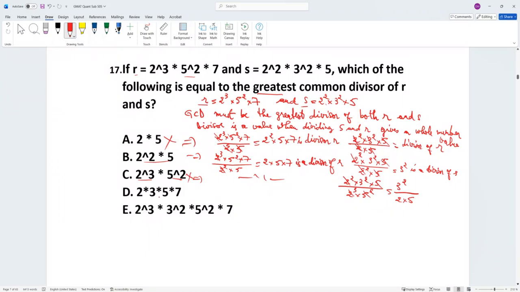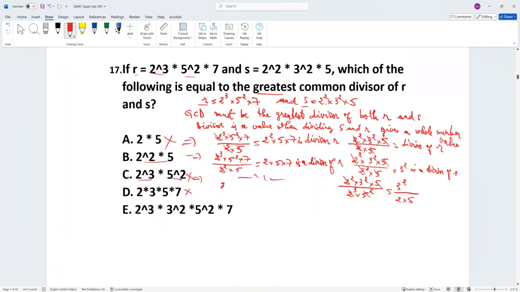This one here is not a divisor of R, okay? Since it's not a divisor of R, we can't continue, because we want something that is a divisor of both R and S. Why do I say it's not a divisor of R?